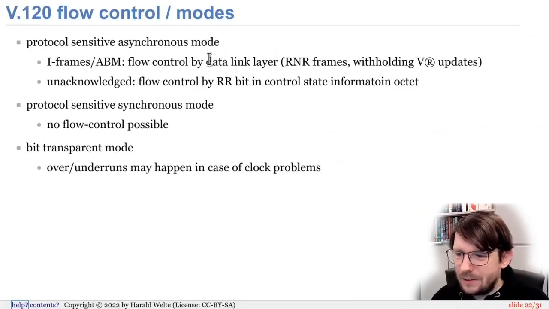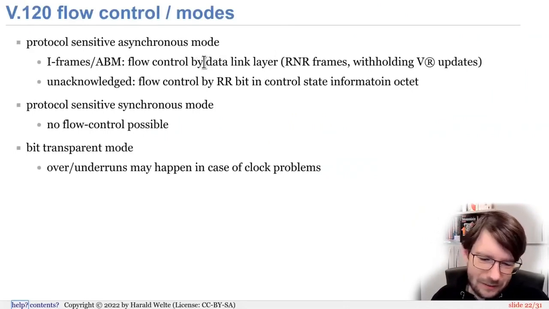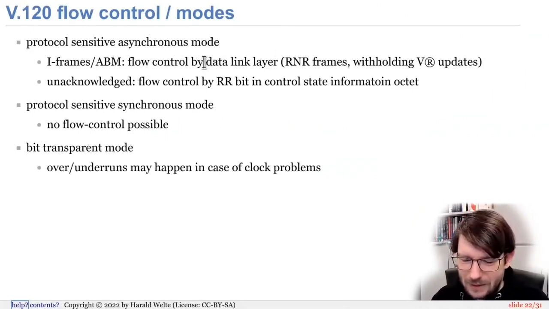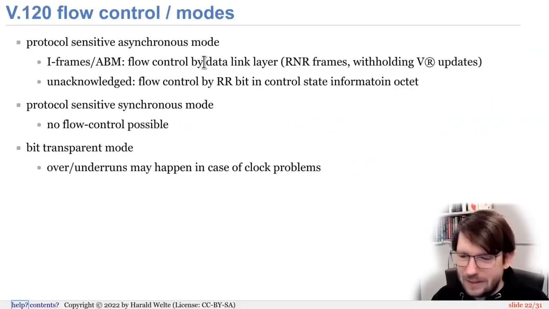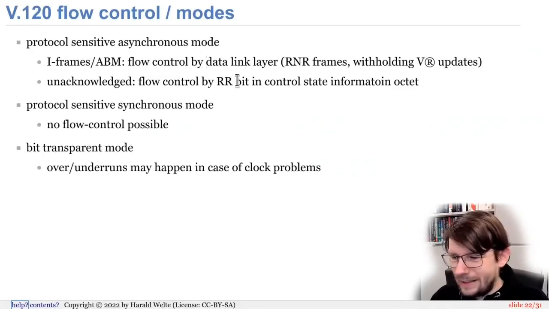This HDLC derivative is actually sending sequence numbers, and if frames don't get transmitted, or if frames don't get acknowledged by the receiver, for example, because the receiver is busy in some way, then the receiver would send a receiver not ready frame, which basically blocks the transmitter from sending more data.